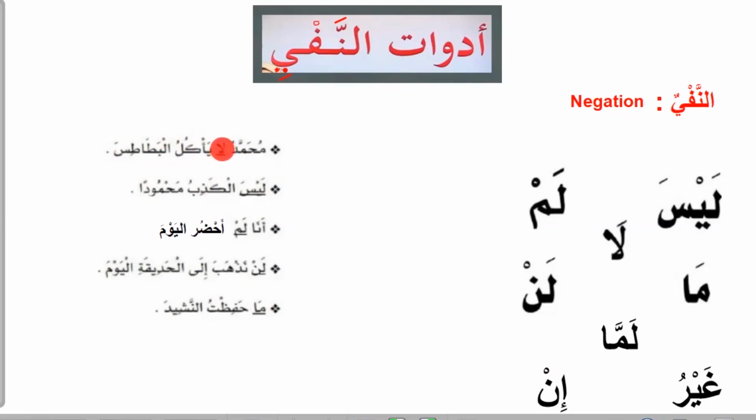So let me tell you something again. They don't have a specific meaning, like a translation into the English language. You can't just say lam means so and so. They don't have a direct word to represent them in English.